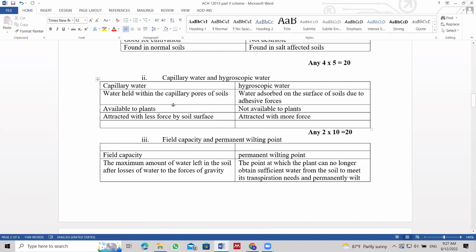Then gravitational water is available to plants, whereas hygroscopic water is not available to plants. Then gravitational water is attracted with less force by the soil surface, whereas hygroscopic water is attracted with more force. So any two is enough, but the first should be there because that is the main difference.